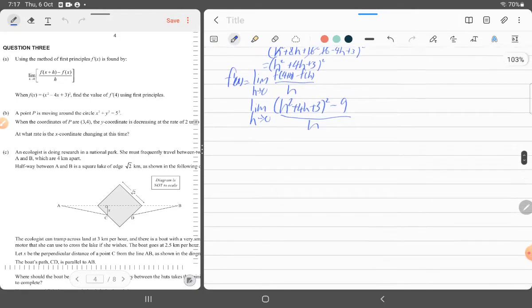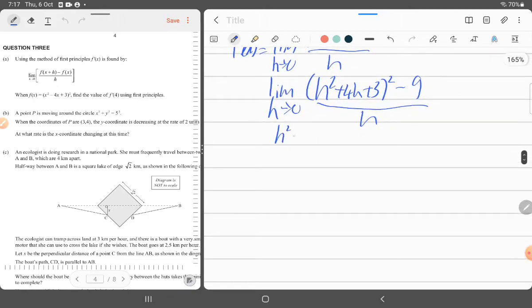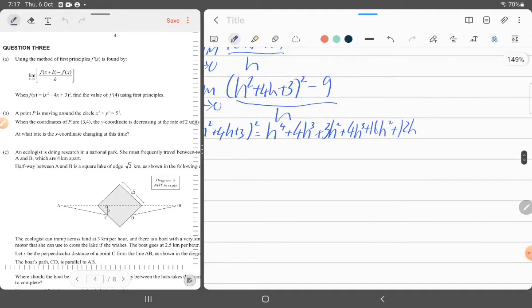Expanding, h to the power 4 plus 4h cubed plus 3h squared plus 4h cubed plus 16h squared plus 12h plus 3h squared plus 12h plus 9.